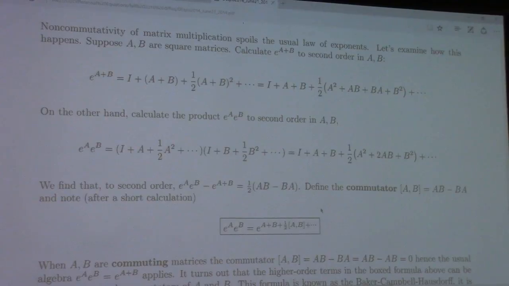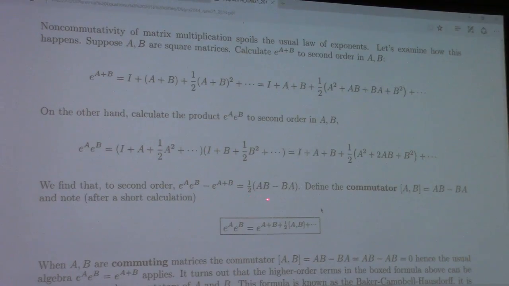So anyway, the point is here, if you take the difference of these two guys, e^A e^B minus e^(A+B), you see the difference. What happens when you calculate the difference to second order? You've got these guys canceling, right? The A squareds cancel, the B squareds cancel, and you get AB plus BA minus 2AB.